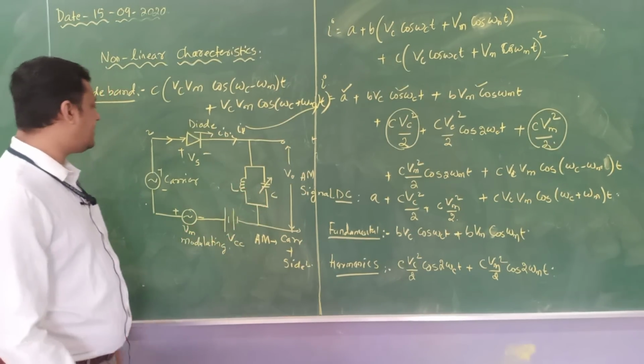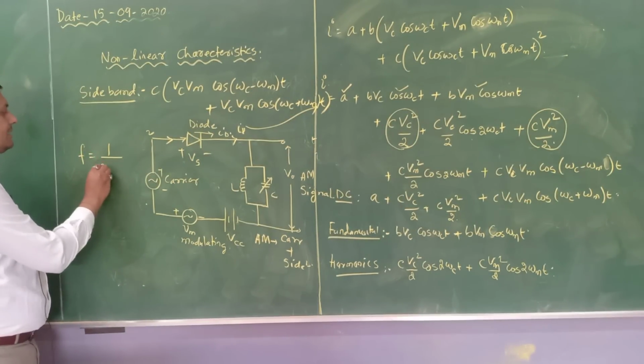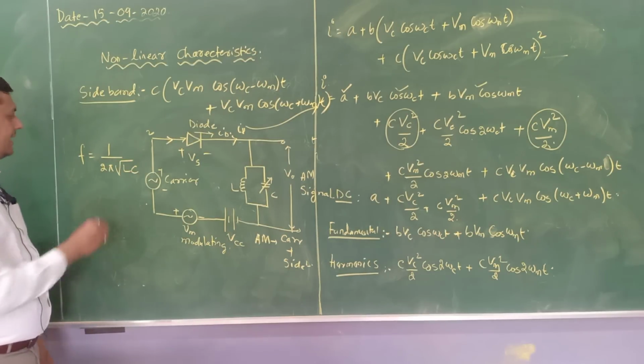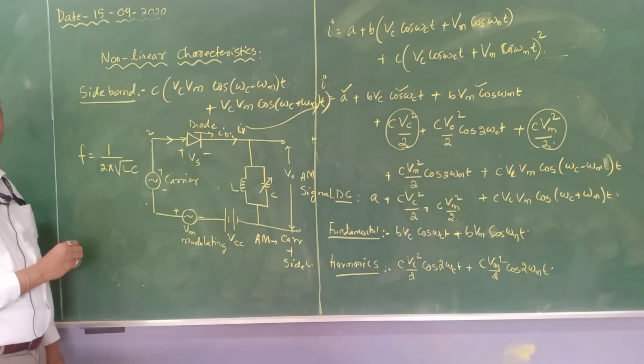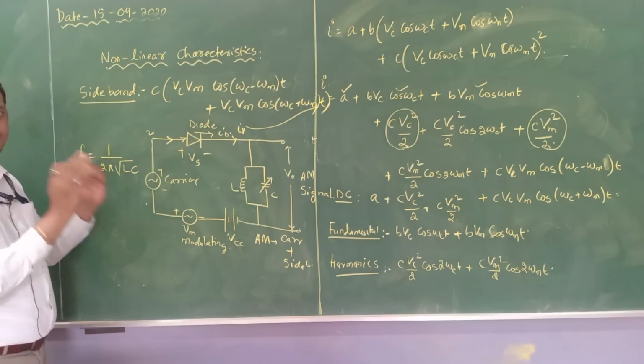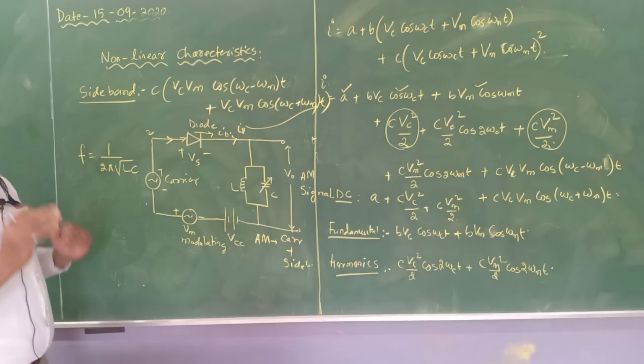This LC tuned circuit will generate a resonating frequency. We had a relation: fr is 1 by 2 pi root over LC. And this resonating frequency is synchronized with the carrier frequency, means it is centered to the carrier frequency and to the sideband frequency.